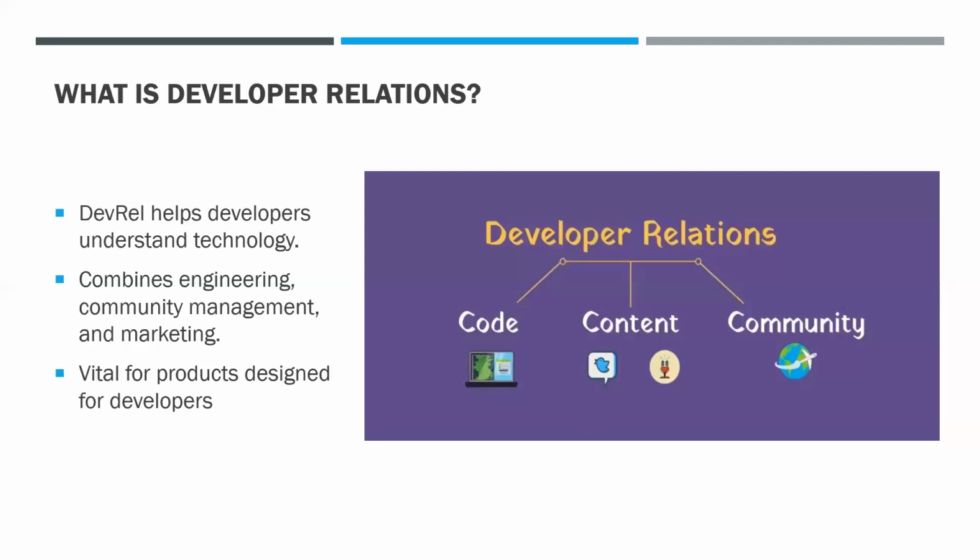So I said developer relation is vital for product design for developers. If I own a tech company now and I want to create a product, fine, I've done the coding. I need a developer relation to communicate, not teach per se, what my product is trying to do.